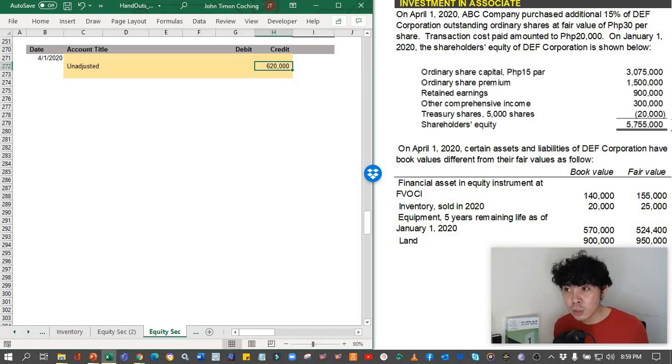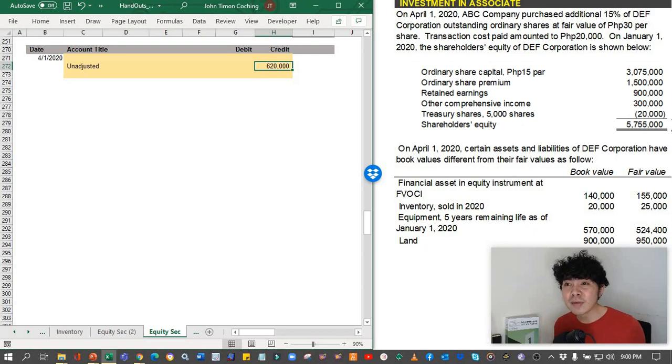Syempre, yung 620,000 pesos na yan yung fair value ng ating shares of stocks ni DEF on December 31, 2019, which is 20,000 ordinary shares. Tapos, syempre, sabi, kailangan daw yung i-remeasure on April 1, 2020. So, ito yung date of reclassification kasi natin from financial asset at FVOCI papuntang investment associate under the equity method.